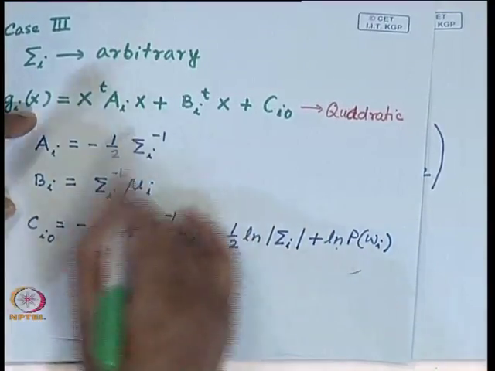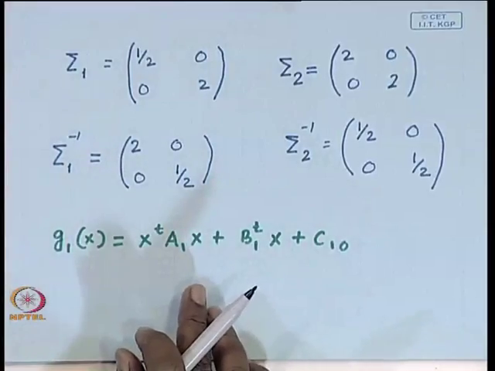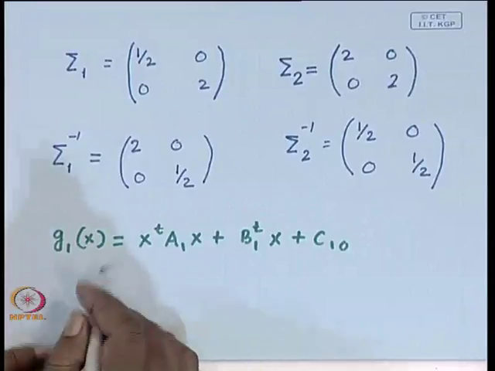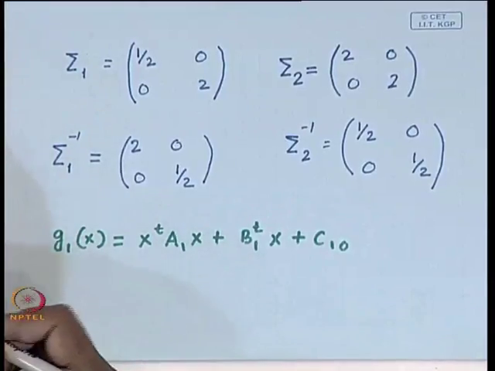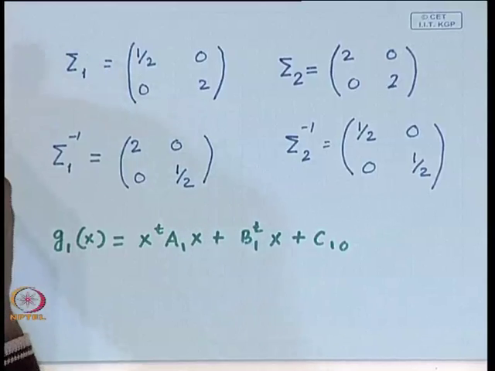If you compute all these terms and put in this expression, and similarly you find out G 2 x following similar expressions, and then equate G 1 x equal to G 2 x, or G 1 x minus G 2 x equal to 0, then we will find the decision surface. I am not going into the detailed calculation, that is a simple one.